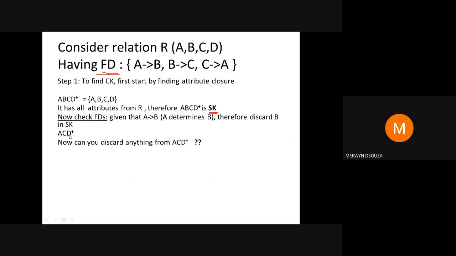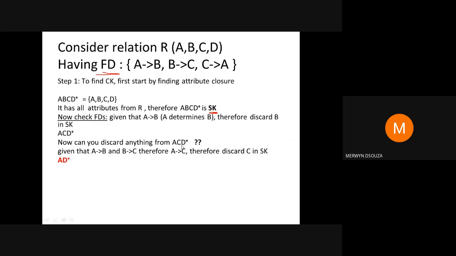Using the inference rules, you know that A determines B, which is given, and B determines C. So using the inference rules, we can say that A determines C. Therefore, we can discard C from this super key. When you discard C, we get AD.